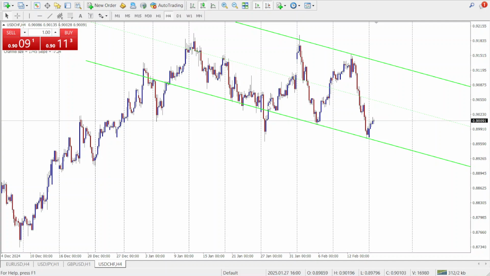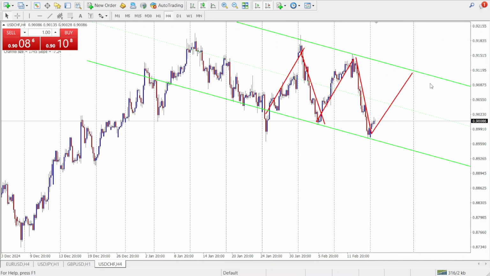But if the range is so wide, and here we actually had quite a wide distance, it is possible that we could see another upward move to this place. So you might want to consider looking for a buy opportunity if you get a confirmation, and then perhaps exit somewhere around here.